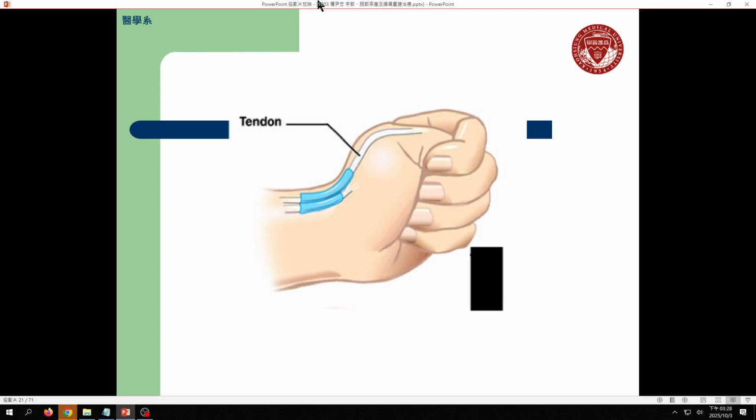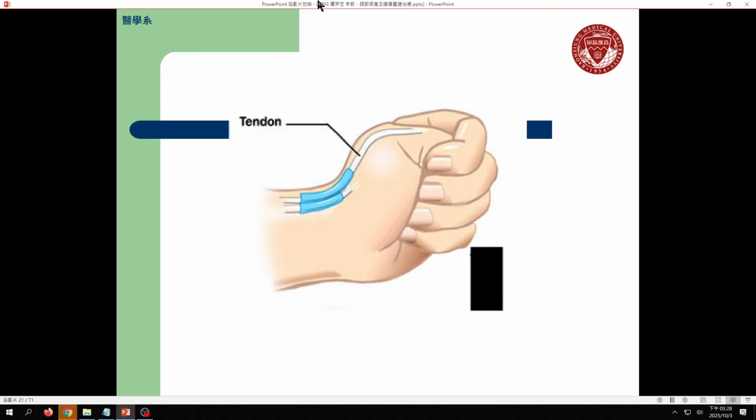Speaking about the thumb. Of the whole hand function, what percentage does the thumb occupy? 30%, 20%, 50%, 40%?